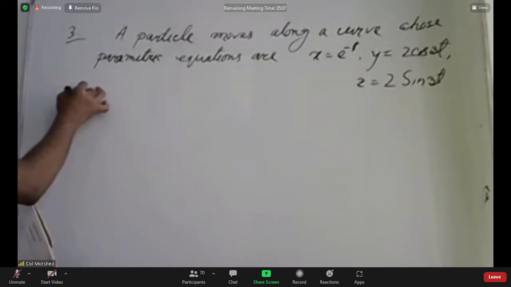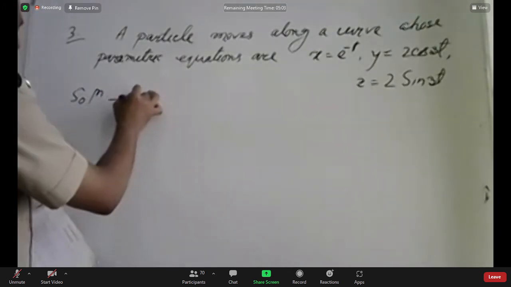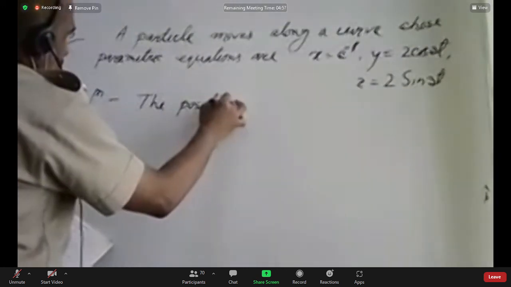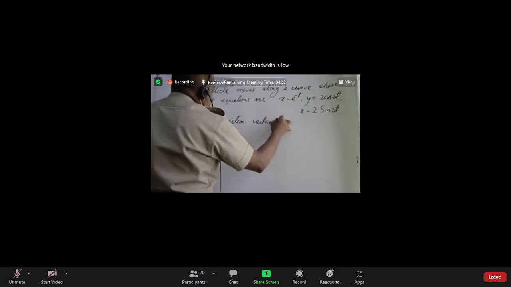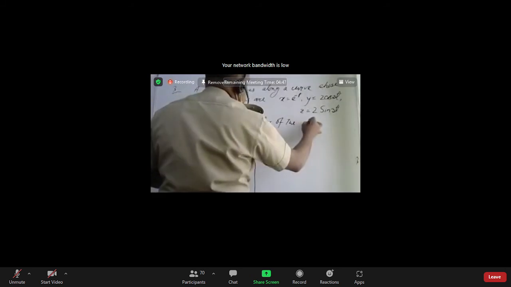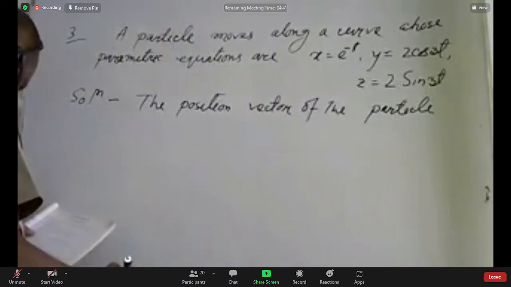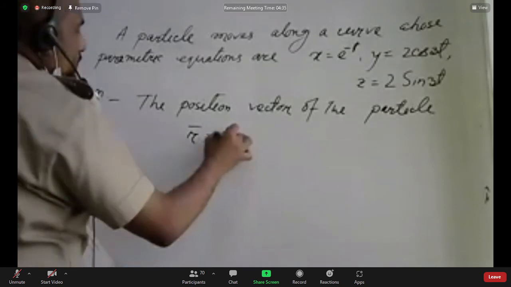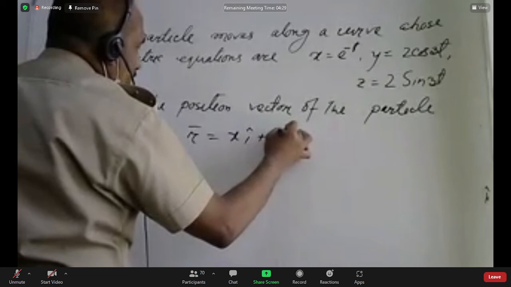Solution. If the position vector is r, we know the position vector of the particle is denoted by r. r is equal to xi plus yj plus zk, isn't it?